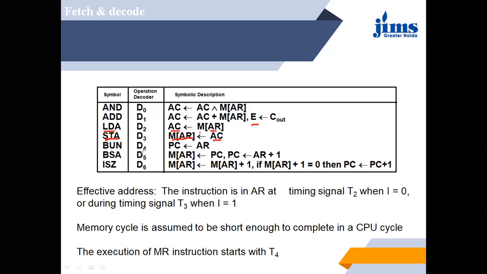This is where we have to transfer the content of program counter to memory at the register represented by address register, and after that we increment address register by 1.